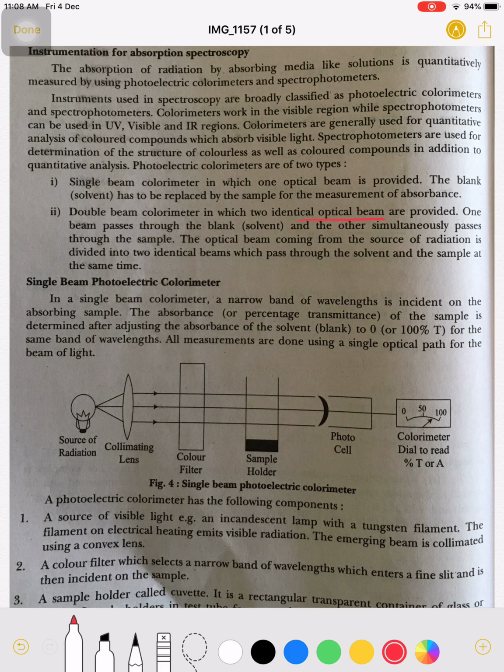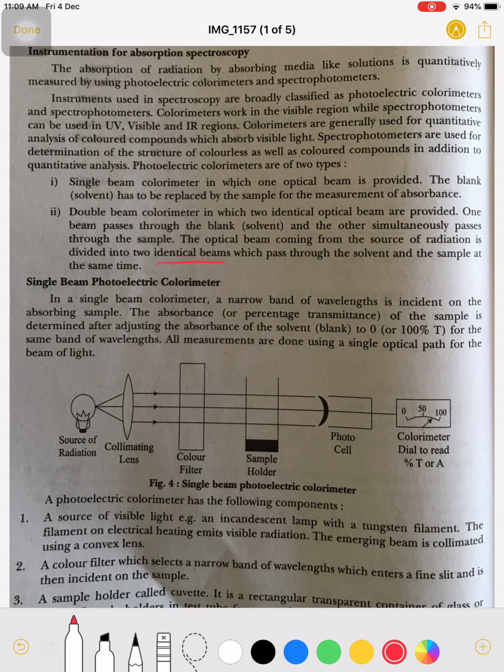The optical beam coming from the source of radiation is divided into two identical beams, which pass through the solvent and the sample at the same time.